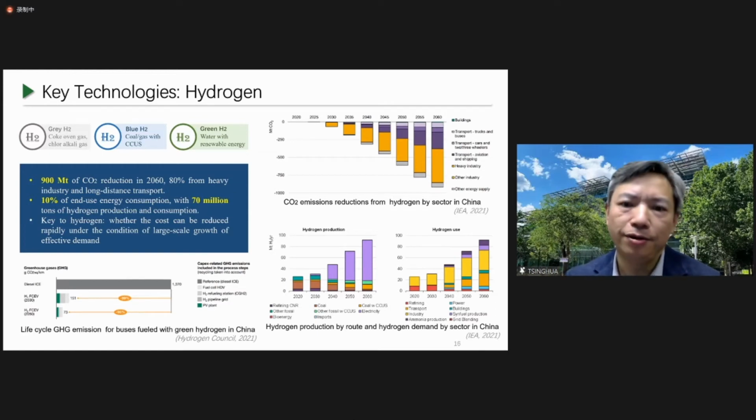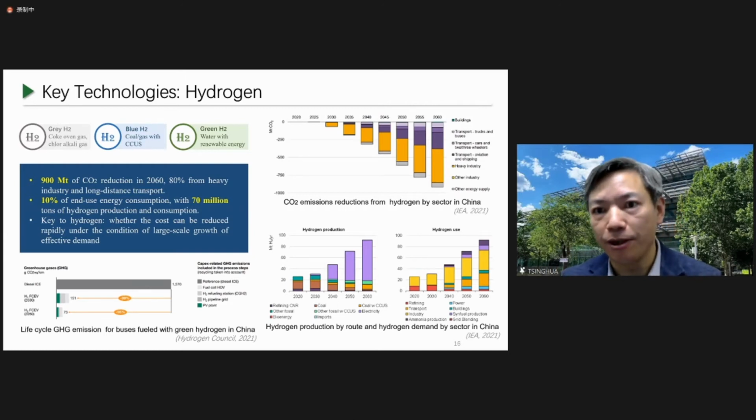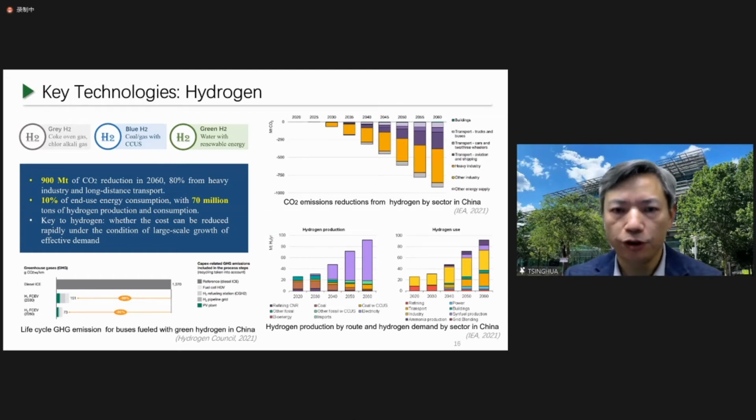Gray hydrogen is produced from fossil materials such as coke oven gas, and blue hydrogen is produced from fossil fuel where CCS is applied, which means a zero-carbon-emission hydrogen, but again, relies on fossil fuel. The third one is green hydrogen. It's produced by water electrolysis with renewable energy. It is the green hydrogen that has the most promising carbon reduction and environmental performance.